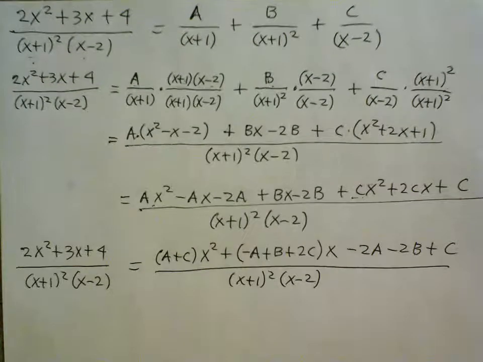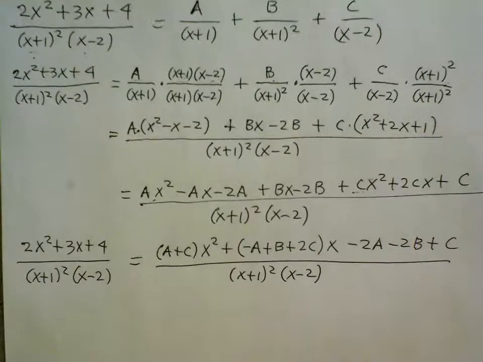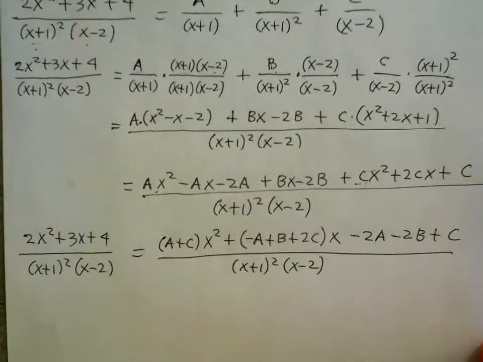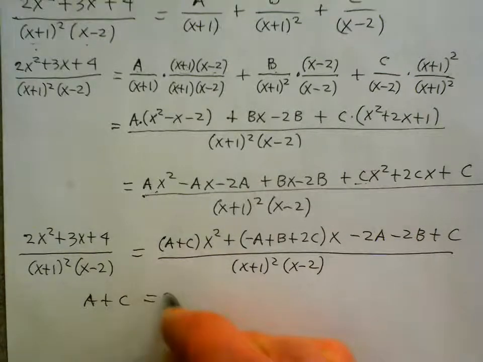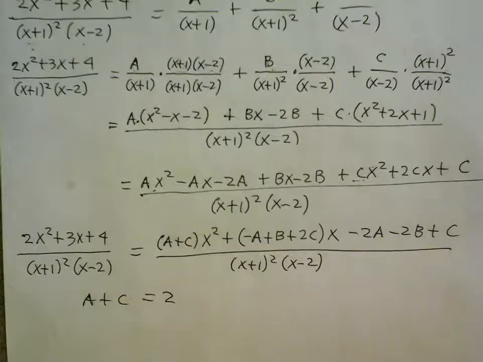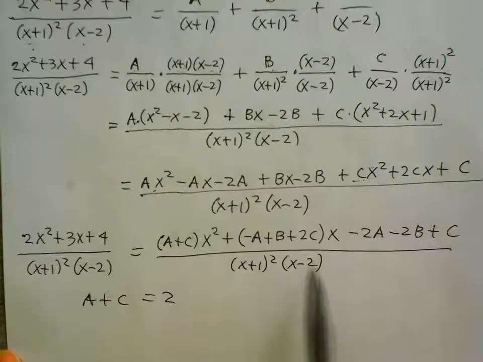And now we can start writing equations involving the coefficients and the constant. On the right-hand side, the coefficient of x squared is a plus c. On the left-hand side, the coefficient of x squared is 2. So that means a plus c equals 2. Then the coefficients of x.